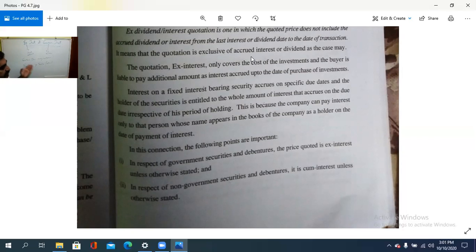So when interest is not included, then whatever security is purchased, the buyer needs to pay an extra amount as interest. That is the case with the ex-interest.